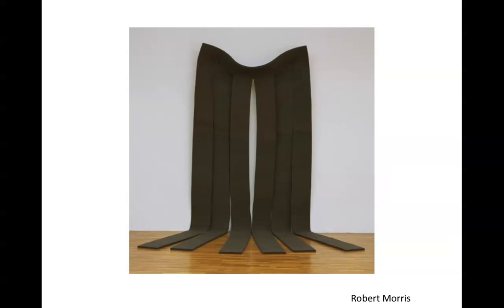Robert Morris. It might seem subtle, but this choice of going from a hard material like the metallic surfaces and the bronze and the wood into felt is actually a big change, and also going from rectilinear forms to these more organic forms. So these soft forms feel a little more human.